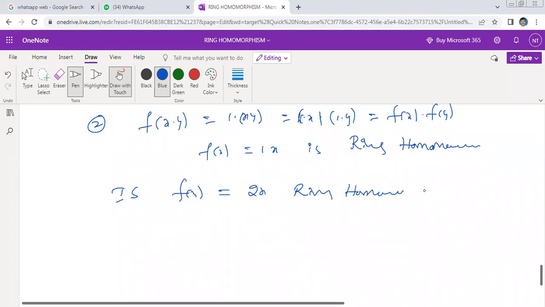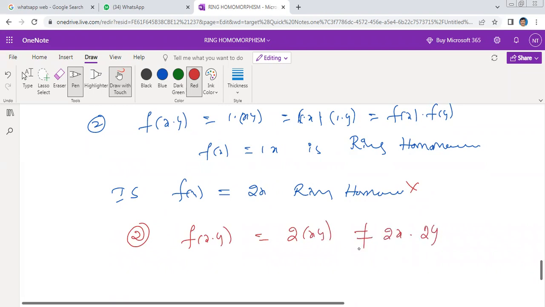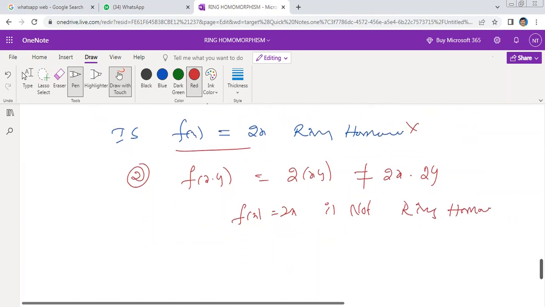It is not a ring homomorphism, because in the second property you have to check f of xy, which is 2 times xy. This is not equal to 2x into 2y. Therefore, f of x equal to 2x is not a ring homomorphism. Now you observe what happens exactly here.